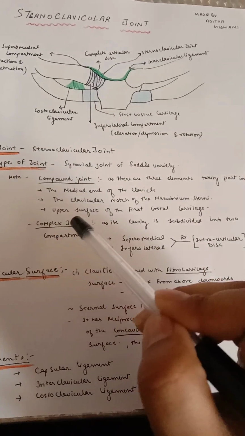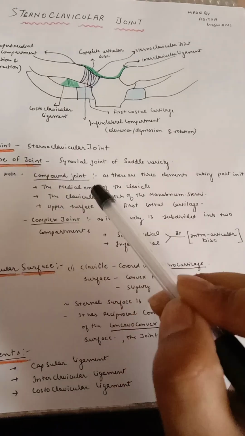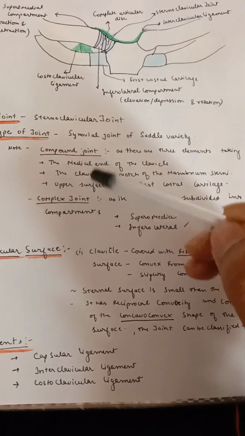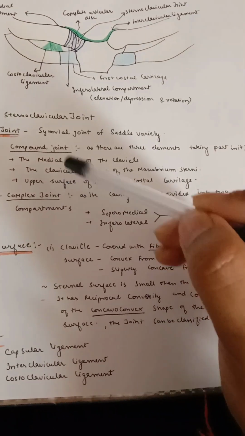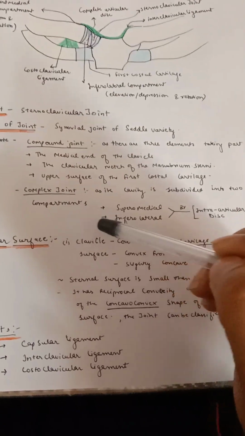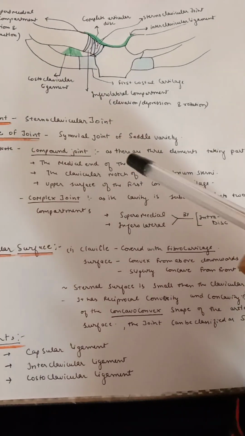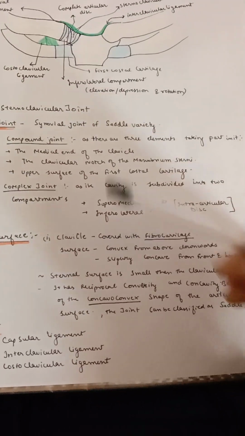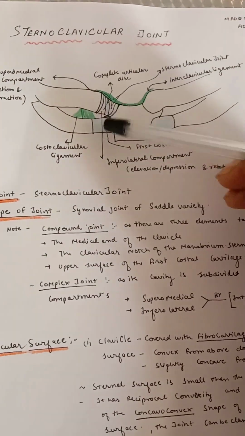These three parts form the compound joint, which you can say is more than two elements taking part to form a compound joint. Complex joint, as it has two compartments: superior medial and inferior lateral, divided by an intra-articular disc.